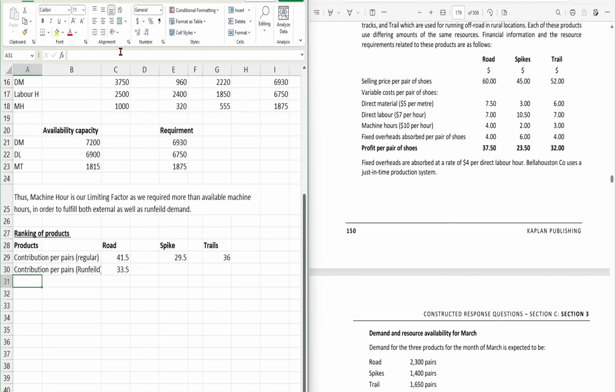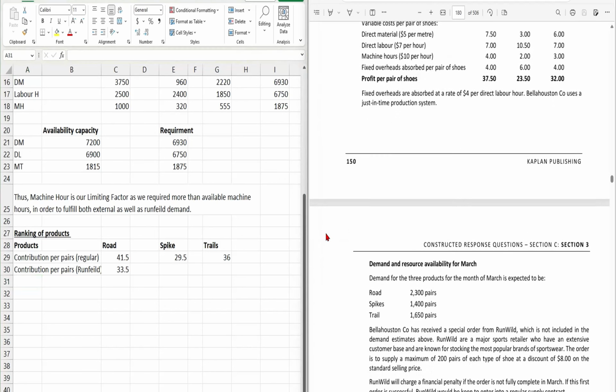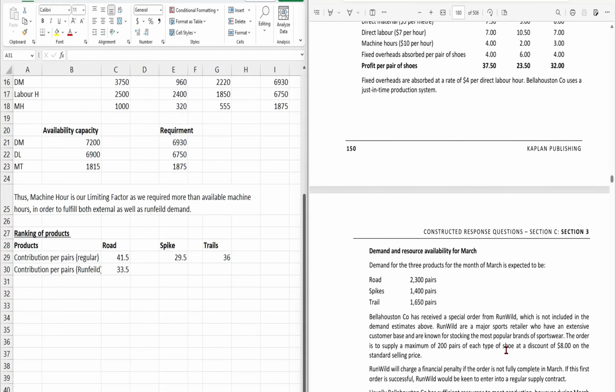If you have read the question, you can see it has been mentioned that each type of shoe is at a discount of 8 on the standard selling price. So we will sell at a discount of 8 to the Runfield. Similarly for spike, if we deduct 8, that is 21.4, and here minus 8.